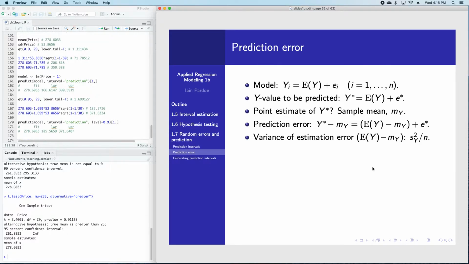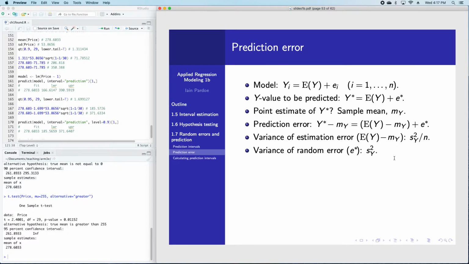So both of those sources of error give rise to variability, and it turns out that the variance of the estimation error is equal to the sample standard deviation of y squared divided by n, whereas the variance of the random error is just the sample standard deviation of y squared.